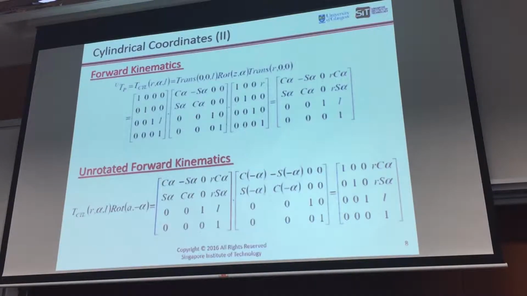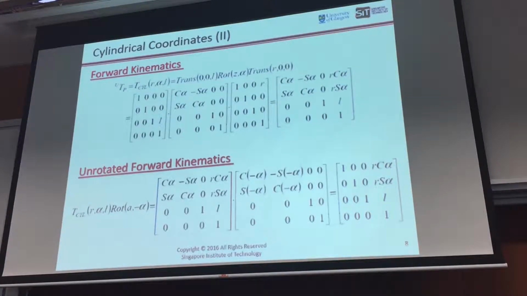Third step is I'm just doing a translation by z. They call it translate 0, 0, L. First term, x component 0, second term, y component 0, third is the z component, which is L. If you look, pure translation, identity matrix, 0, 0, L.